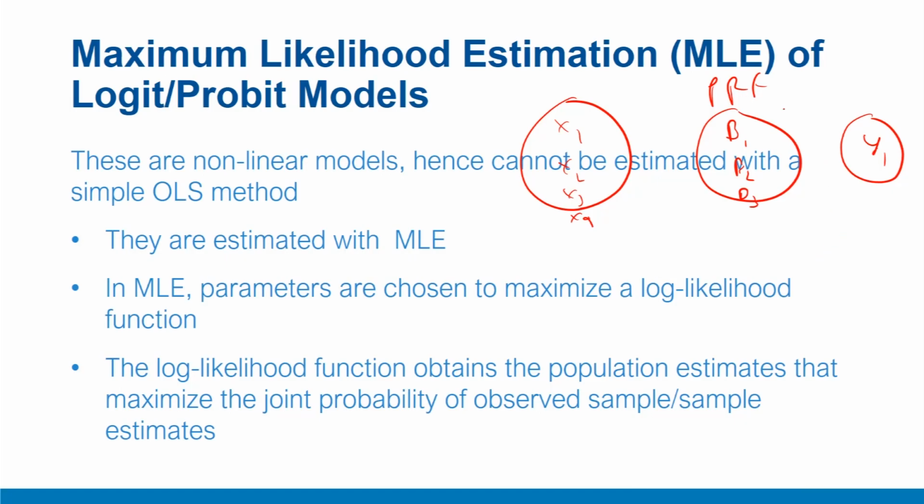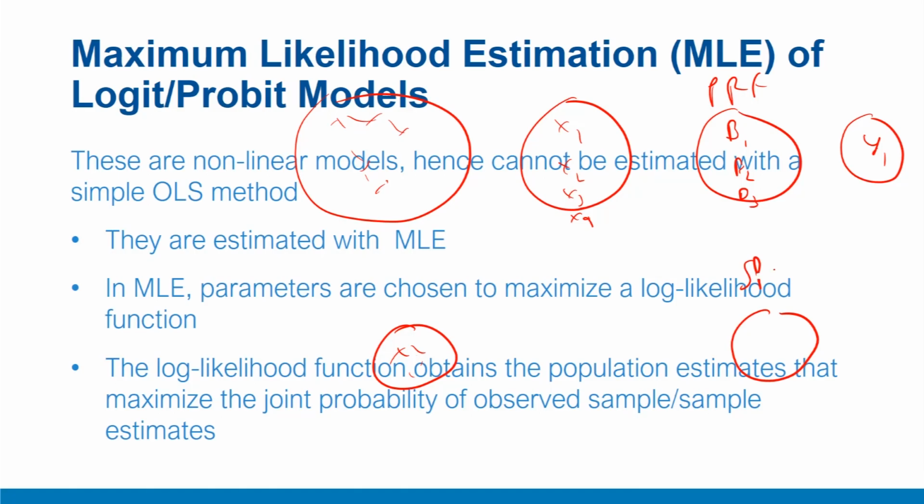However, we do not have the luxury of working with the population. We work with a rather small sample, and we estimate what is called the sample regression function, SRF, which tries to map the variables x1, x2, x3, and so on to our dependent variable yi. But here what we estimate is beta 1 hat, beta 2 hat, beta 3 hat, and so on.